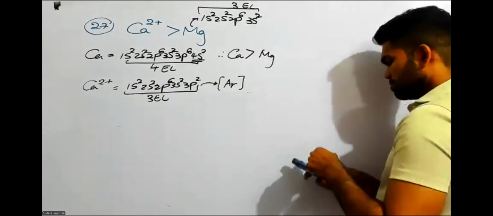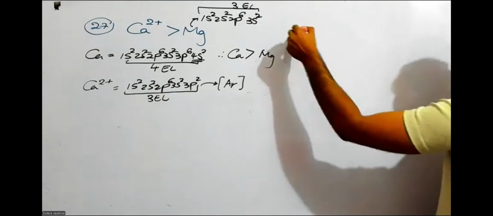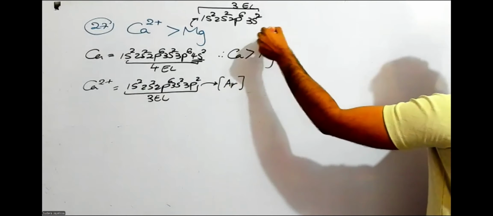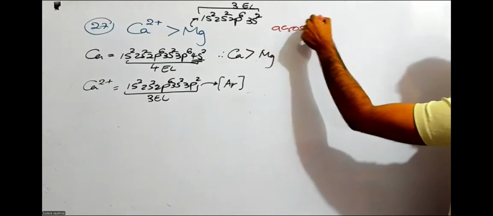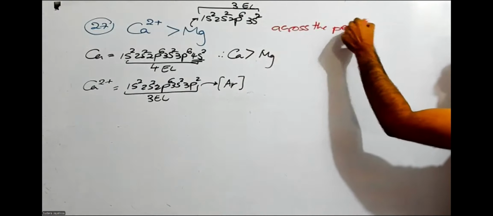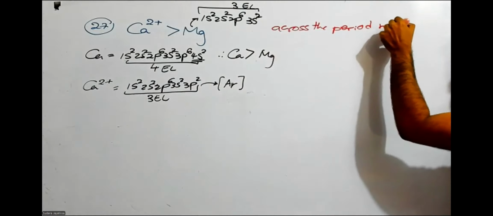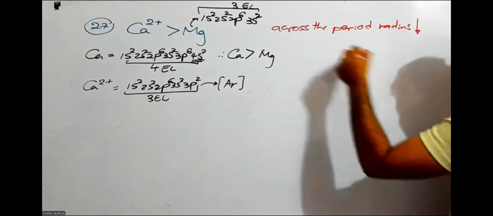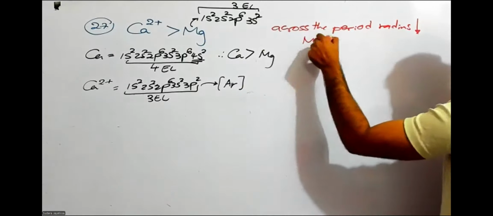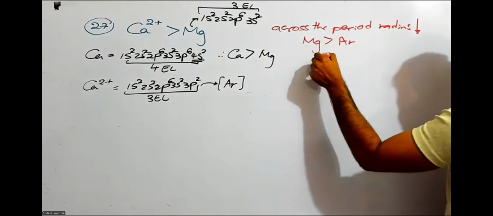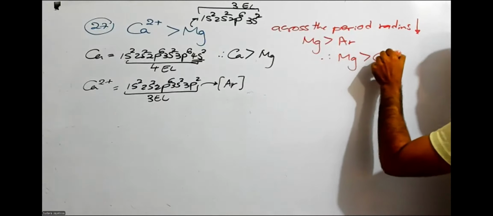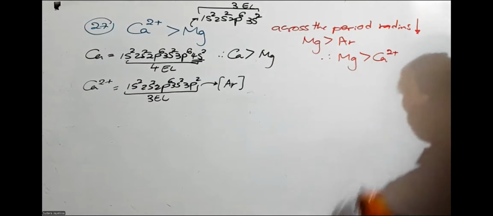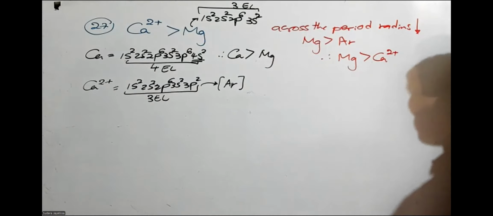Across the period, radius decreases, so magnesium is larger than argon. Anyway, magnesium must be larger than calcium 2+. Calcium 2+ is even smaller.